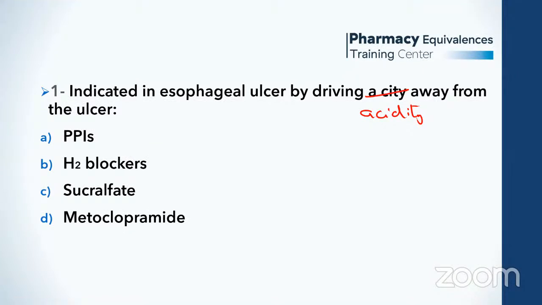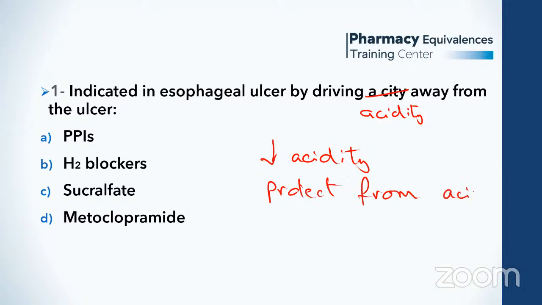Again, the question here: a patient having esophageal ulcer, how can we decrease the acidity of this ulcer, and how can we protect? Here we have two ways. One of them is decreasing acidity, and the other is protecting from acidity.